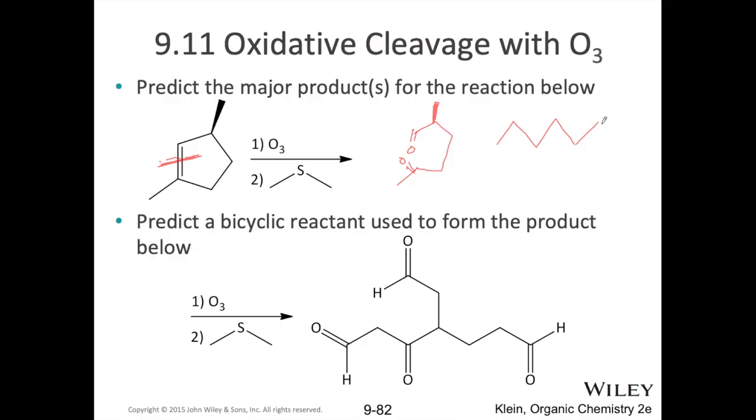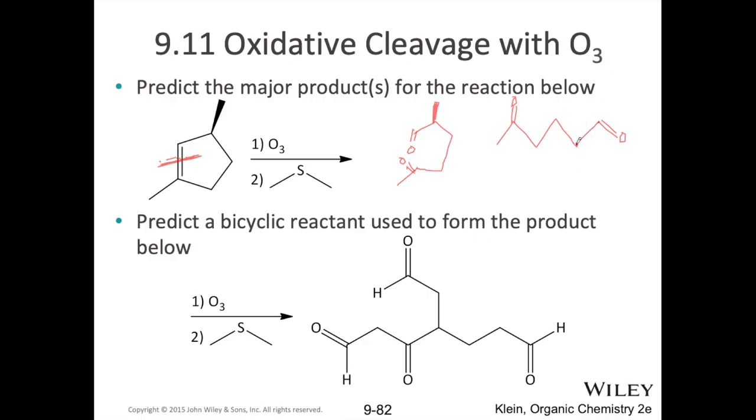So for example, this carbon over here has my carbonyl, and this second carbon on this side has a carbonyl. So I know I have a carbonyl here, and here I've got my second carbon this way. This is the one that has my methyl group.